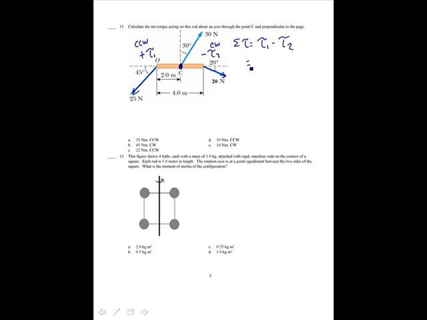The torques are F r sine theta, so that's 25 times 2 times sine of 45 minus 20 times 2 times sine of 45.